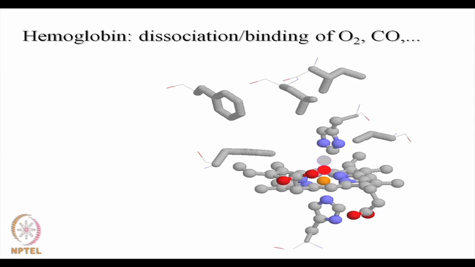So, ligated hemoglobin, when it gives this oxygen to your cells, then the hemoglobin oxygen bond, I mean the iron oxygen bond, is dissociated. Okay. So, how is this occurring? I mean in time scale, what is happening? Okay. So, this can be probed by the use of ultrafast spectroscopy.